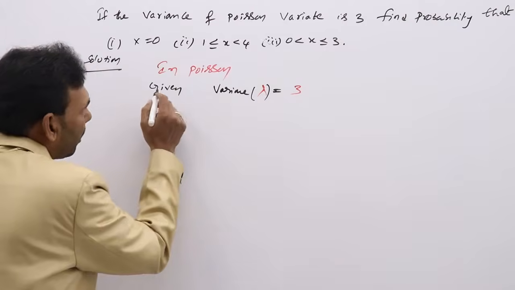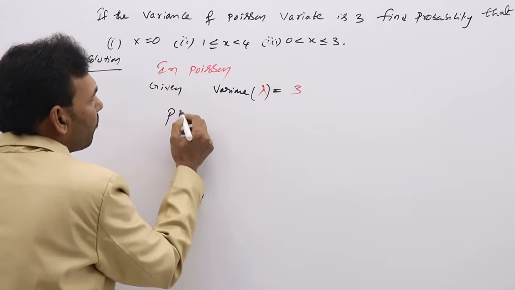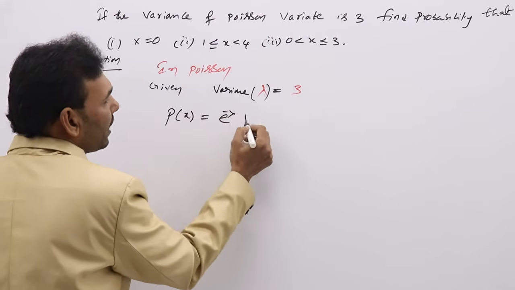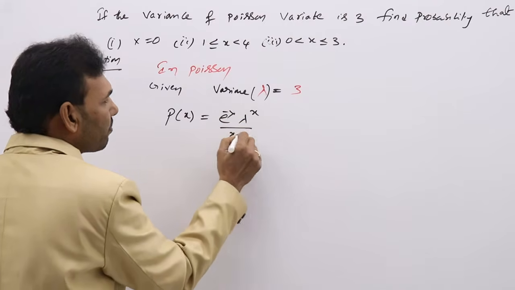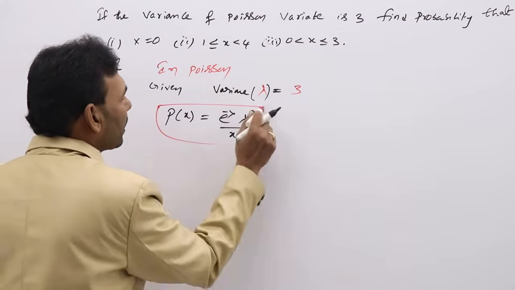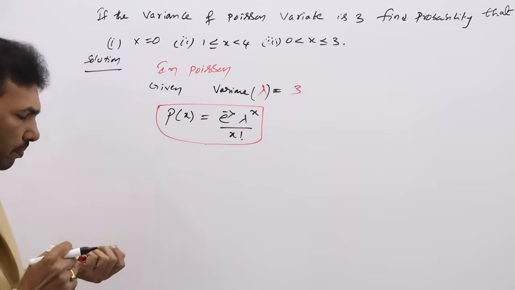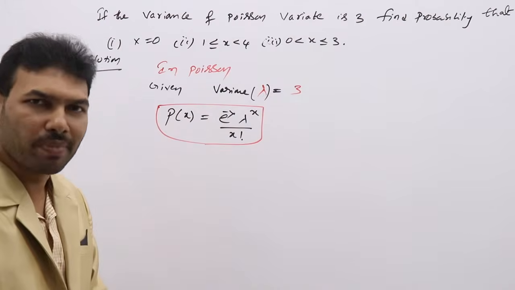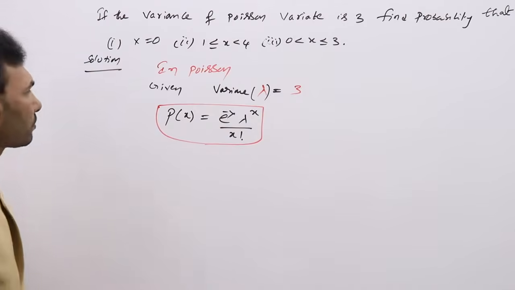And also in Poisson, probability of x is e power minus lambda into lambda power x by x factorial. This is the formula to calculate any probability.